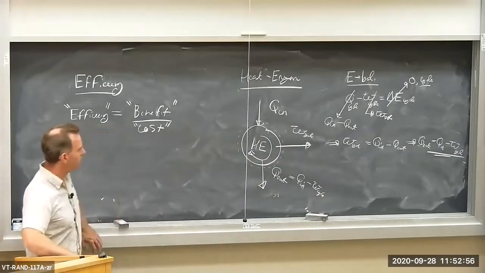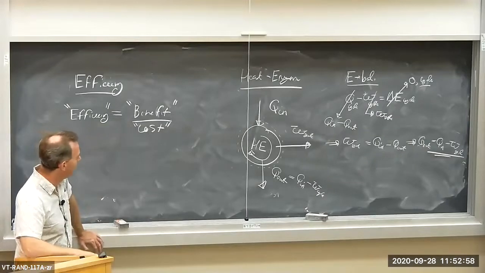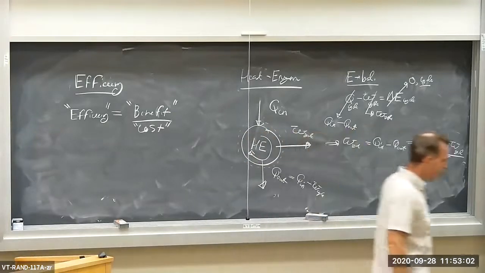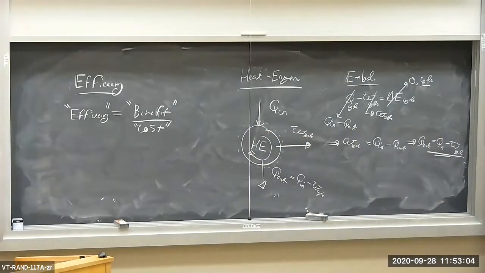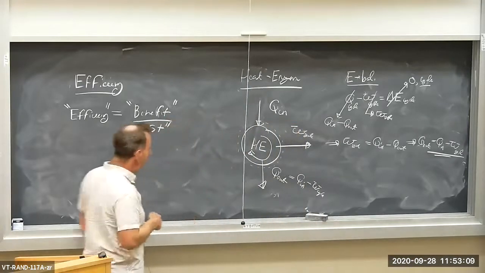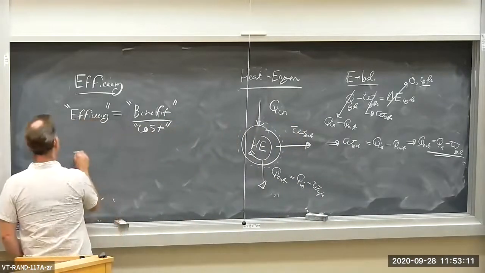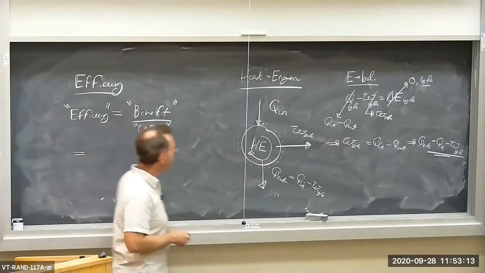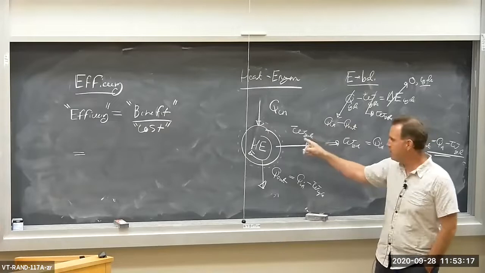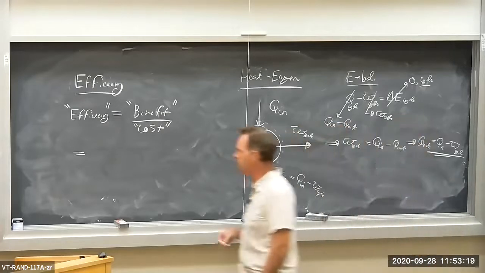That's just from the energy balance. Let's calculate the efficiency. Let's get the expression for the efficiency for this cyclic device. Well, the benefit for a heat engine, so in the case of the heat engine, the benefit is the work produced. The emphasis is on the work produced by the cyclic device.